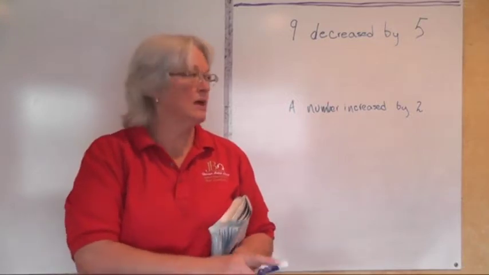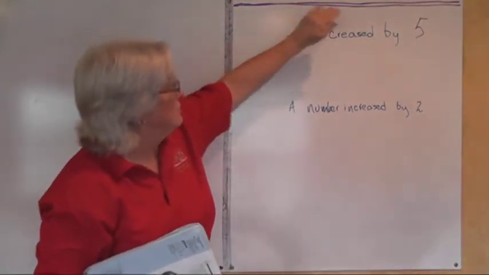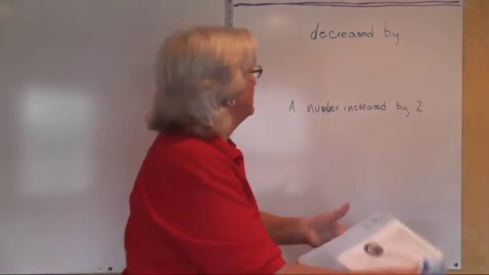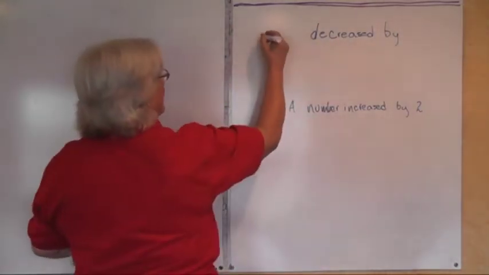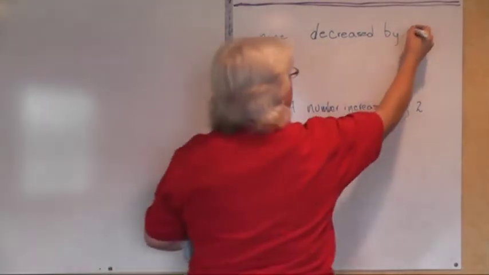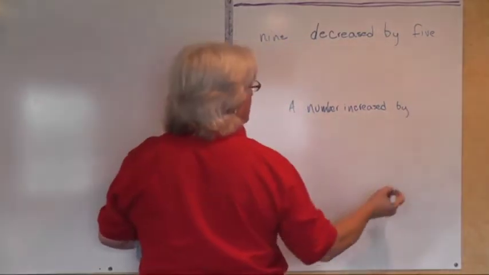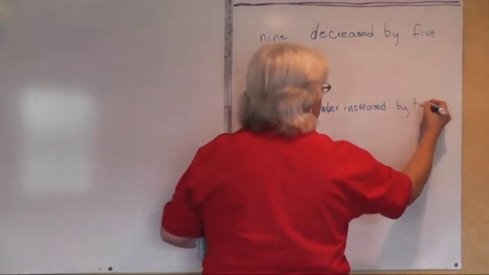You have to be able to take English words, like 9 decreased by 5. And let me change this one here to a number increased by, let's just say 12.